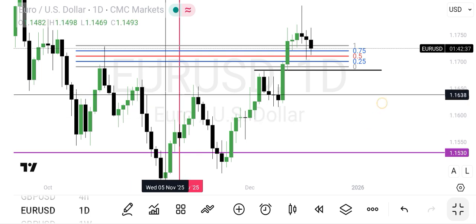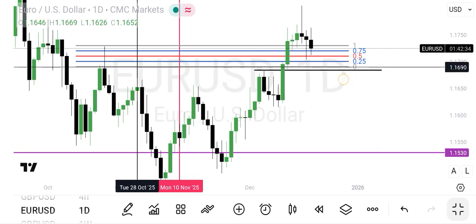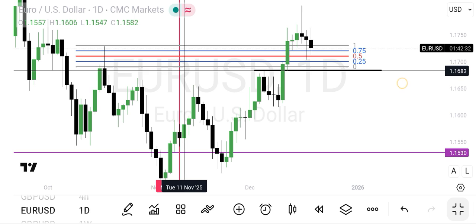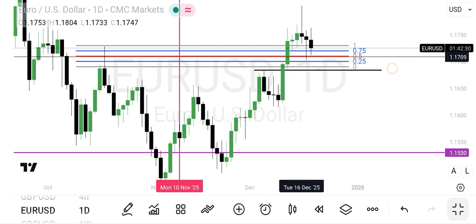That week is the PD array that I'm referring to, to trade the daily setups.